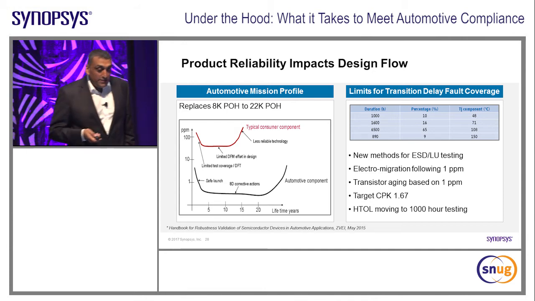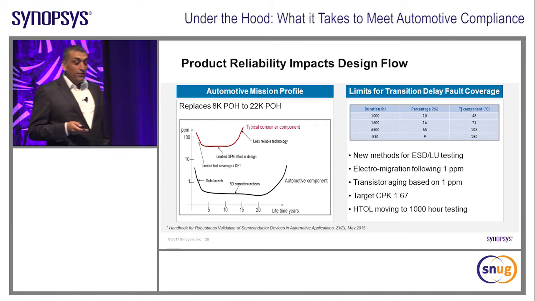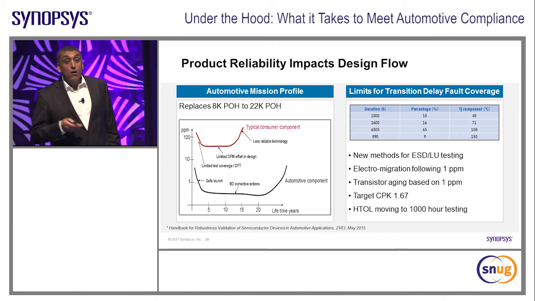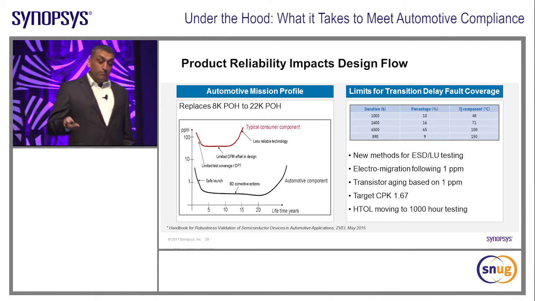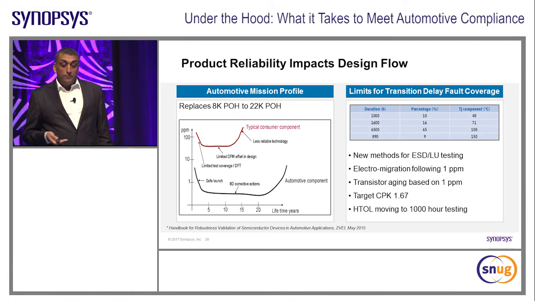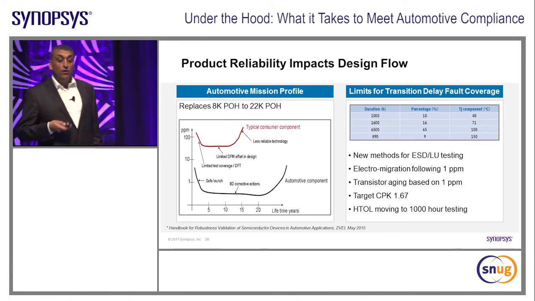In the past, before we got serious into automotive, reliability was related to the number of power on hours that your IP or your SoC was working at. People talked about 8K power on hours, 22K power on hours.